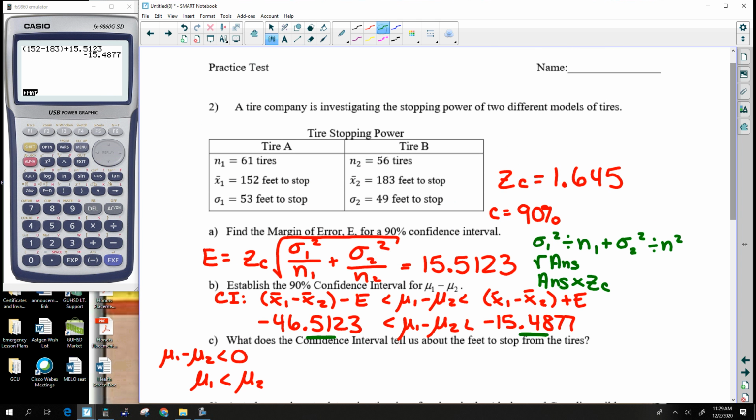When I'm describing this, do not pay attention to the title, do not pay attention to any of this writing that's above. What you pay attention to is the description, this x bar. So this is going to be the feet to stop. Category 1 is tire A, category 2 is tire B. I do not want to hear anything about stopping power in this answer. So the answer is the average of 1 is less than the average of 2.